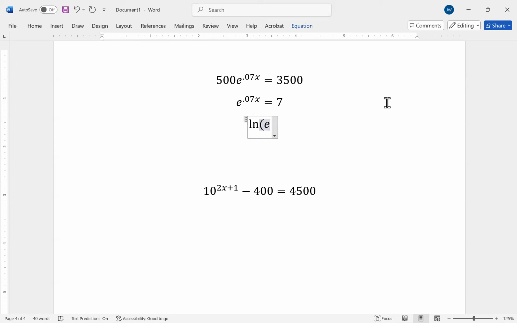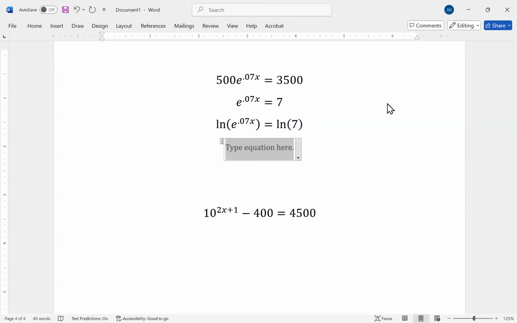Natural log of the left-hand side is going to be natural log of e to the 0.07x. And on the right-hand side, it's going to be natural log of the number 7. On the left-hand side, I simply end up with 0.07x because of the inverse property of log and exponential functions. And that's equal to the right-hand side, which is the real number natural log of 7.